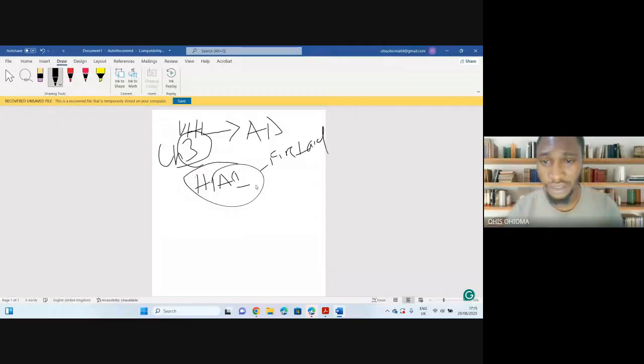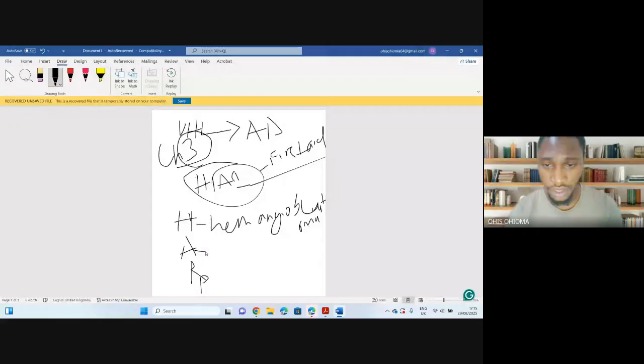The most important thing you need to know about this is the presentation. The presentation basically is called HARP. This is a very common one. I took this from First Aid because it's very easy. So the patient has hemangioblastoma, an angioma, or some people say angiofibroma, but I just remember it as an angioma.